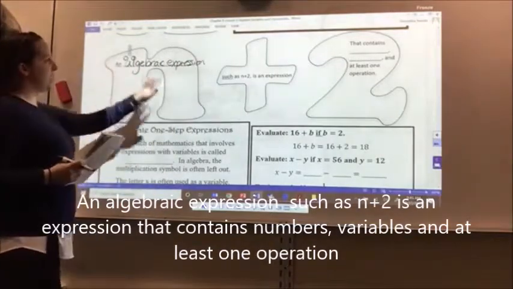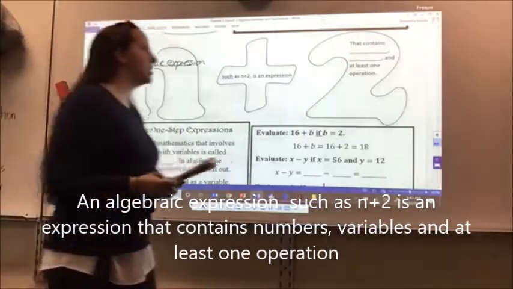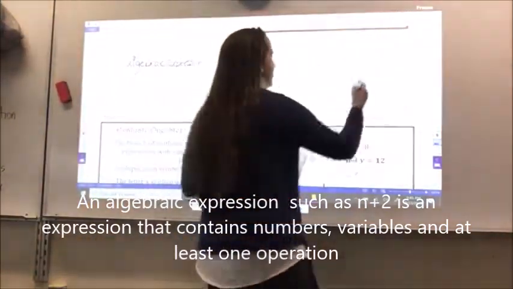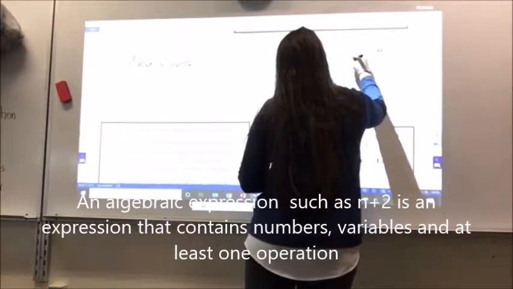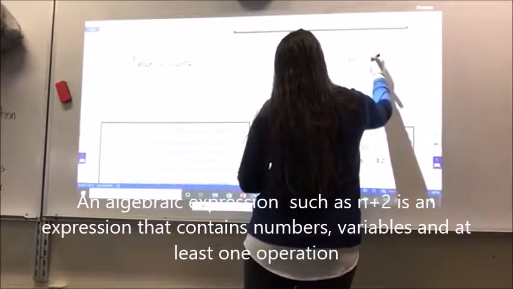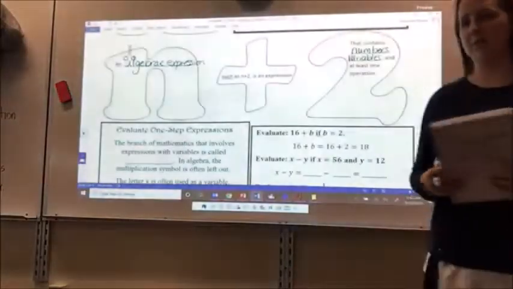So an algebraic expression, such as n+2, is an expression that contains numbers, variables, and at least one operation.